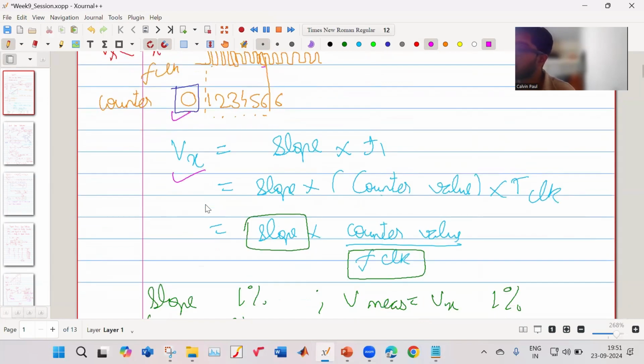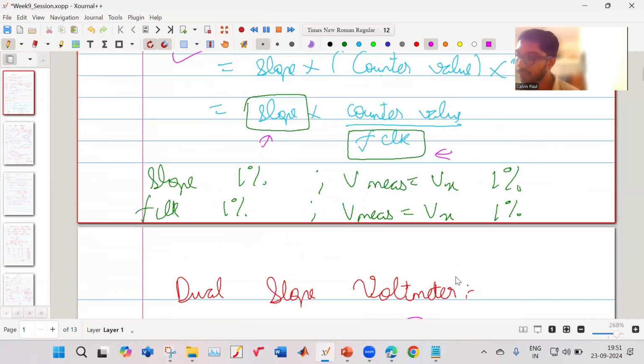But we found that this voltage Vx depends on your slope and your clock. Any change in your slope or your clock will result in an error in your measurement. Hence, we want to avoid such a thing happening.